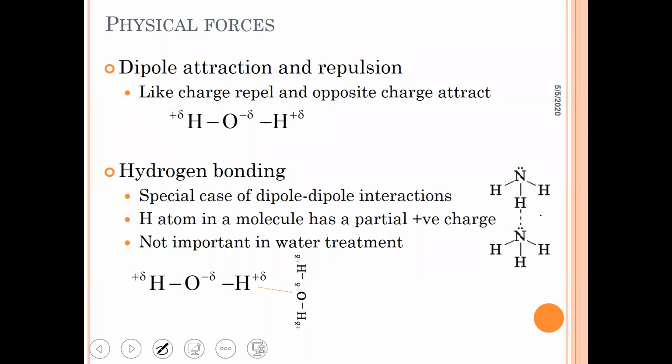If there is a positive charge, it will bond with the oxygen; if there is a negative charge, it will bond with hydrogen. This kind of bonding is not ionic and not covalent. We call it hydrogen bonding. It is a very weak bonding, a special case of dipole-dipole interaction. For example, a water molecule's oxygen will have a weak attraction with the hydrogen of another water molecule. We call it hydrogen bonding.